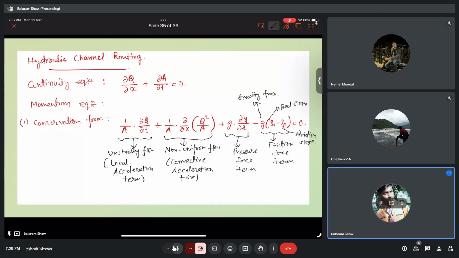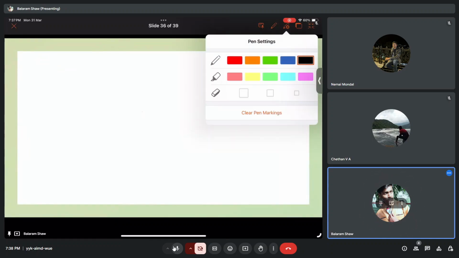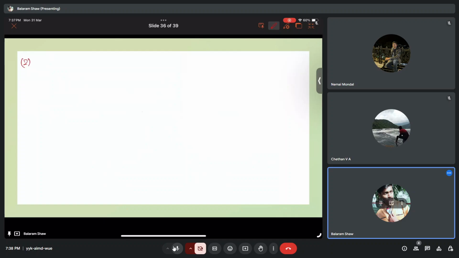Okay, so if we write in the non-conservation form, how do you write that? Anyone?